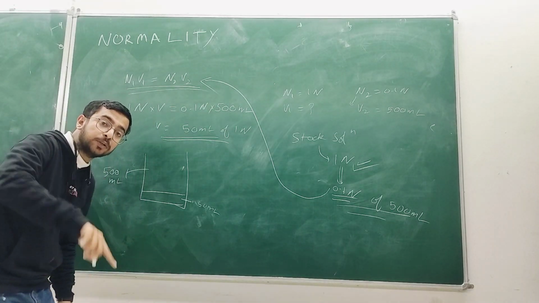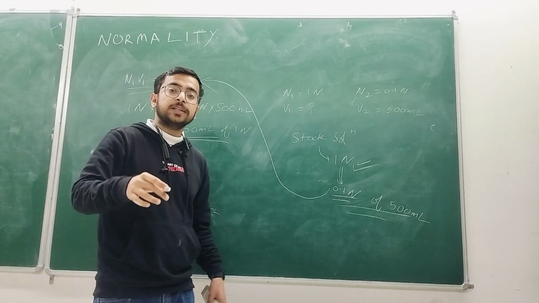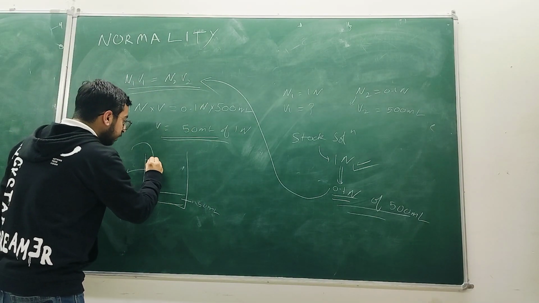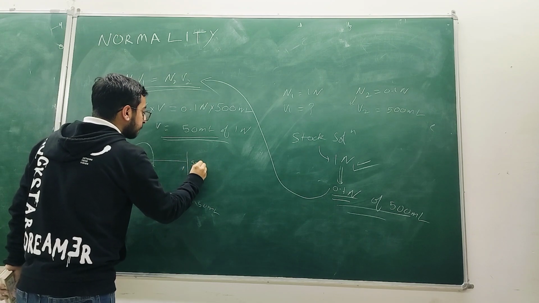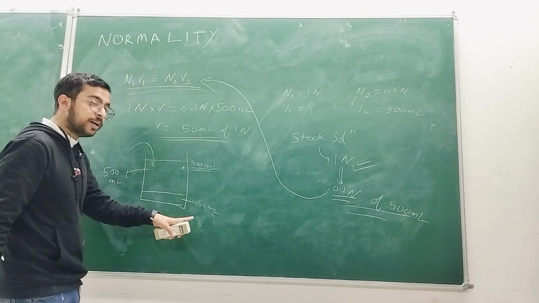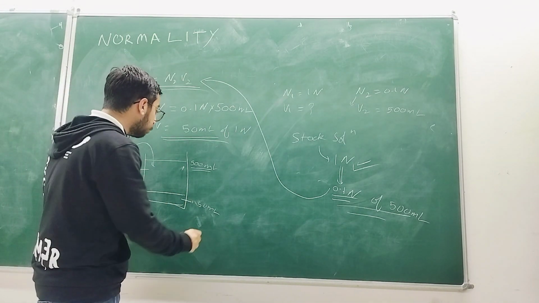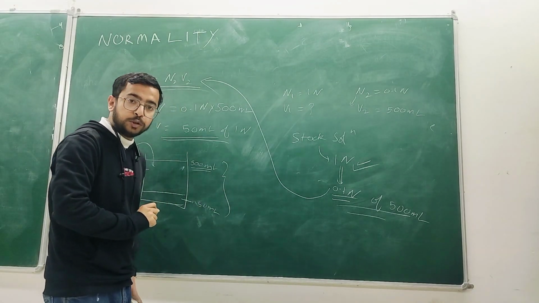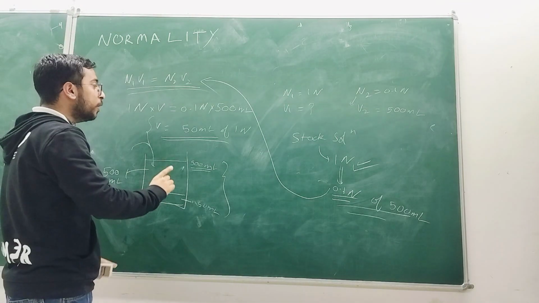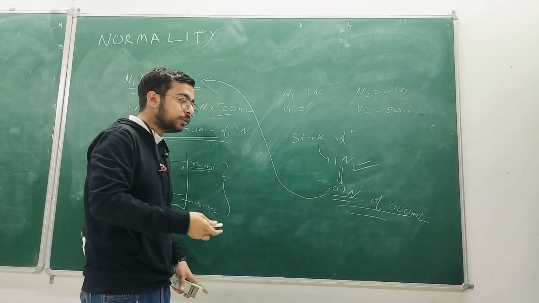Now you dilute the solution with the solvent, which in this case is water. You add distilled water and fill up to the 500 ml mark. So 50 ml of 1 normal solution you have added, and then 450 ml of water, so in total you get 500 ml solution. In this way you can prepare 500 ml of 0.1 normal solution.